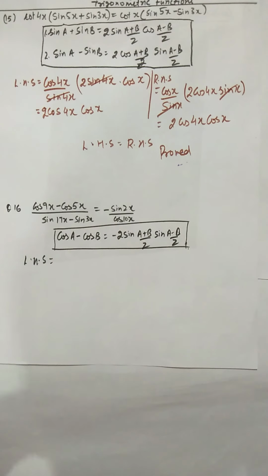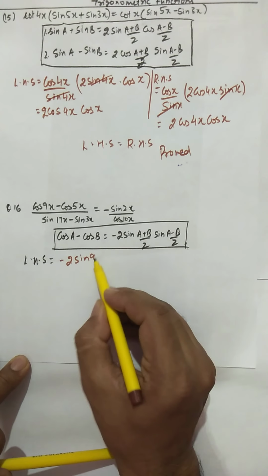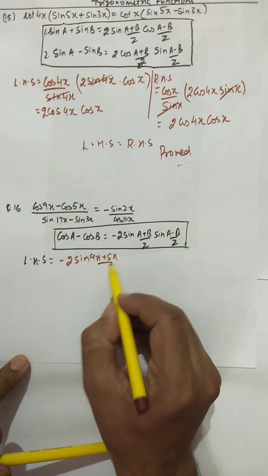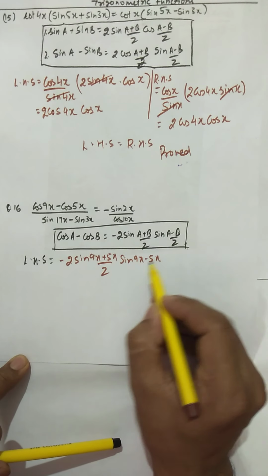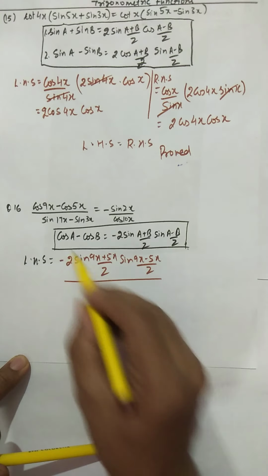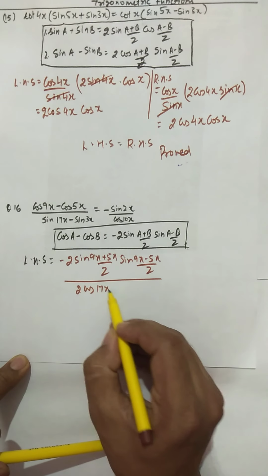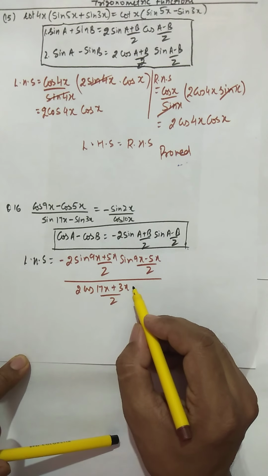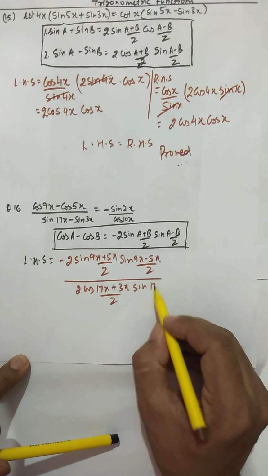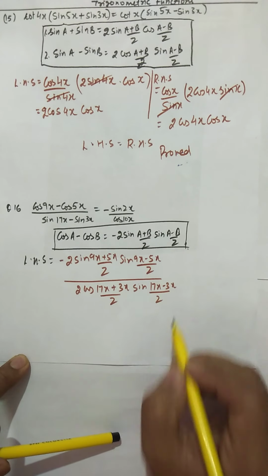LHS is this, that you can write as minus 2 sin((9x+5x)/2) sin((9x−5x)/2), and in the denominator you can apply the other formula: 2 cos((17x+3x)/2) sin((17x−3x)/2).